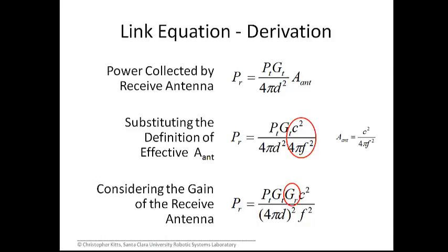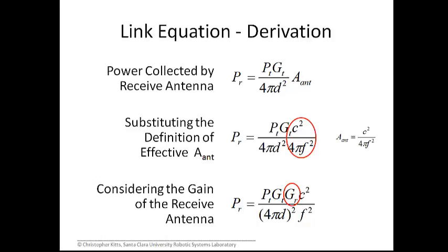It's the speed of light squared divided by 4 pi times the frequency that I'm using for communications squared. So that's my radio frequency there in the denominator. And that's nothing that we've talked about before, but that's something in antenna theory that is an interesting factoid. So we've plugged that in.